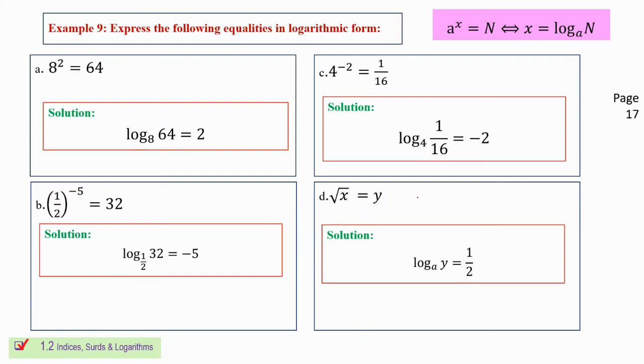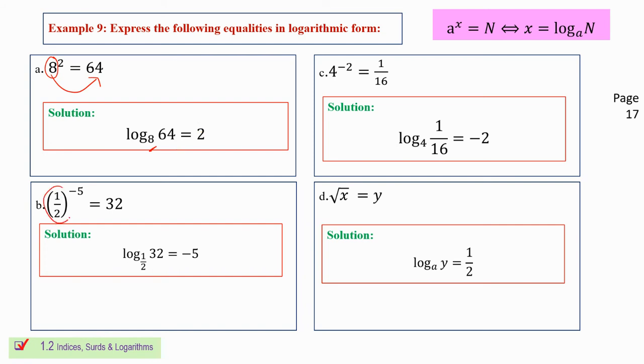Okay, and then we have another example. Now I provide you the index form and ask you to change back to logarithm. So we take the logarithm base 8, this is base 8, to the number 64, which is going to provide you the power.